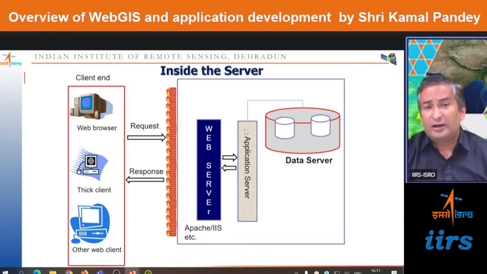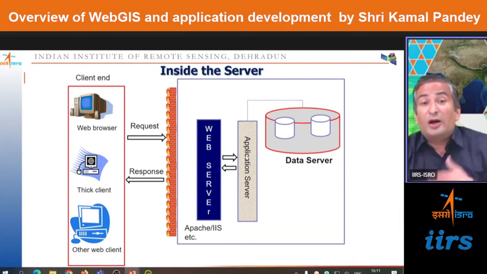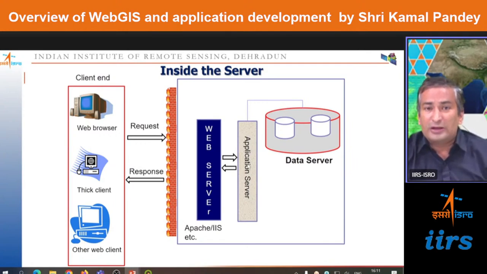In our case, it will be a GIS server basically. This application server takes all the business logic of your application, how it will be processed, what will be processed, and it will produce all those outputs and give them to the web server, and then this web server gives them to the client in the form of HTML. Now from where will it get the data? It can get the data from some database server.